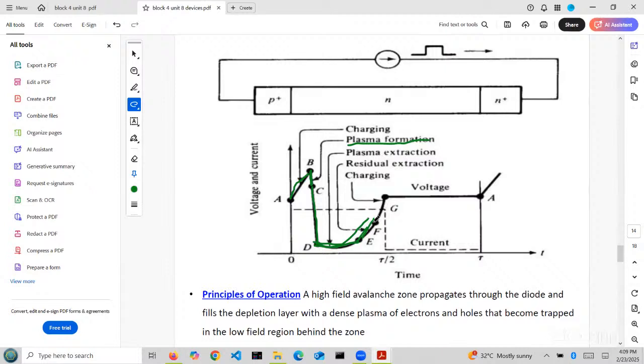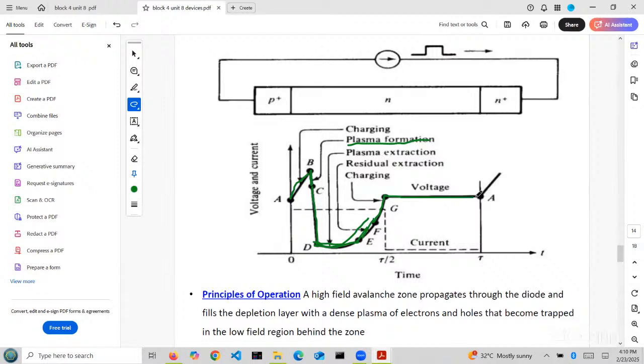Next, from F to G, what happening? Up to G, current is increased. After removing the plasma, it again starts conducting, charging. So the capacitor is charging. After the capacitor is charging, what happens?